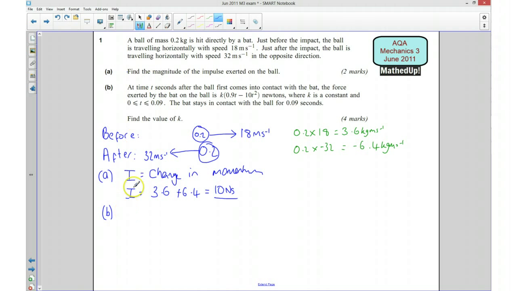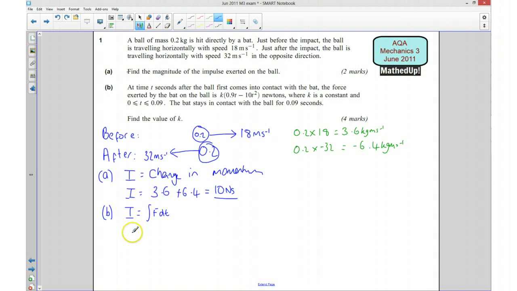Now we know that the impulse is going to be equal to the integral of our force, and we also know that our impulse is actually 10 Newton seconds, and our limits here are going to be between 0.09 and 0, which is the full time that the bat stays in contact with the ball.